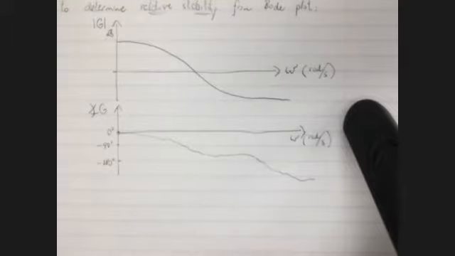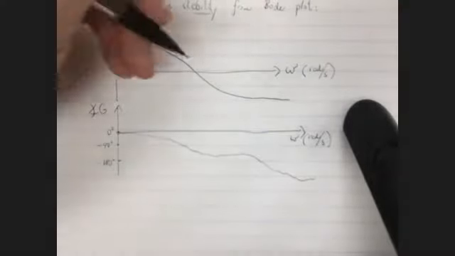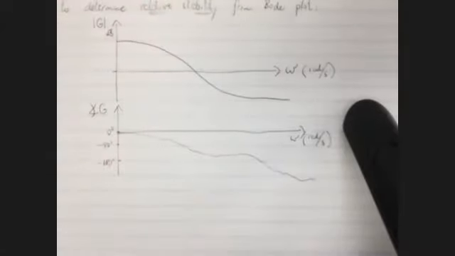Okay. So the two main things that we're going to use to determine how relatively stable a system is are two things called gain margin and phase margin.